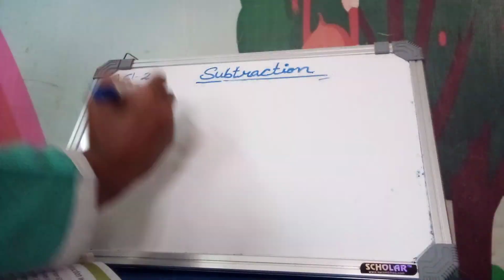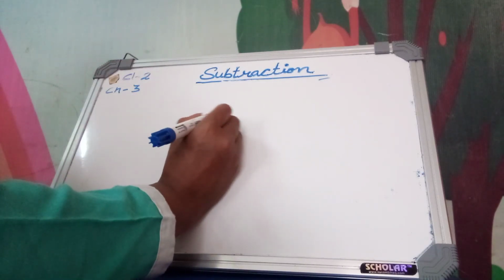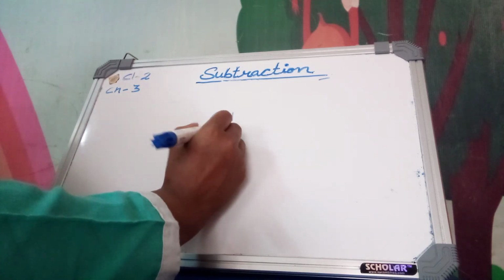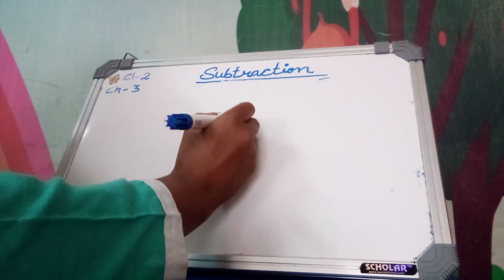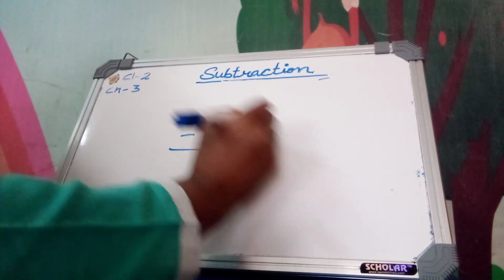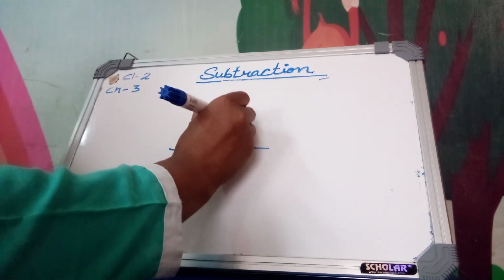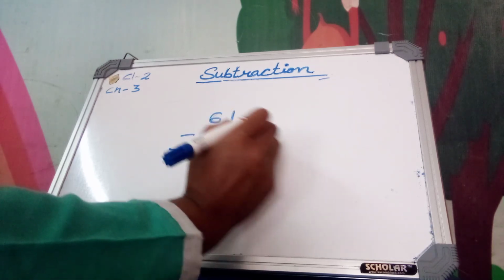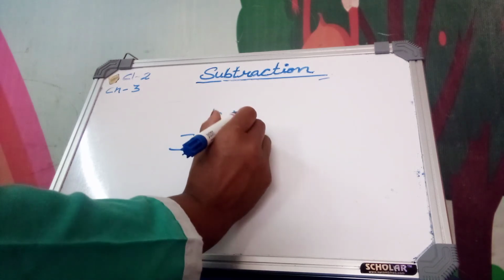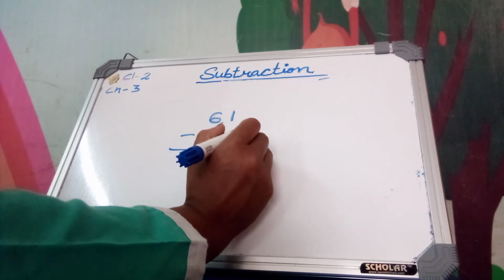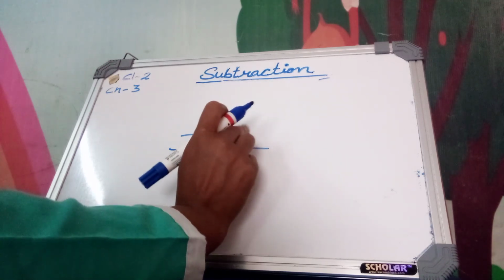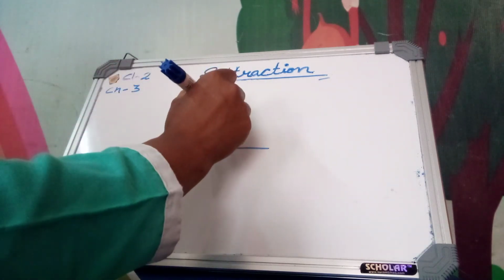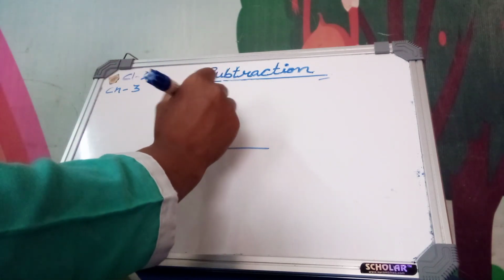If 61 and 46. Now see here, how to subtract 6 from 1, because 6 is bigger than 1? What do we have to do? We have to borrow tens from this number 6.